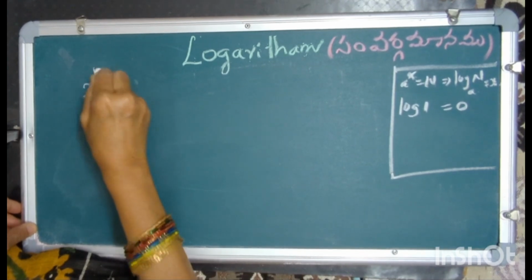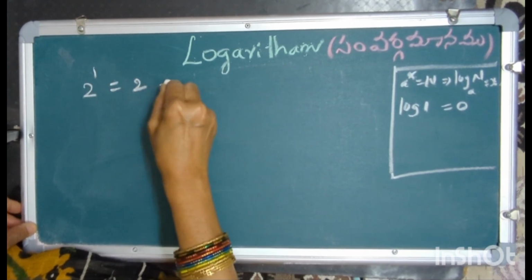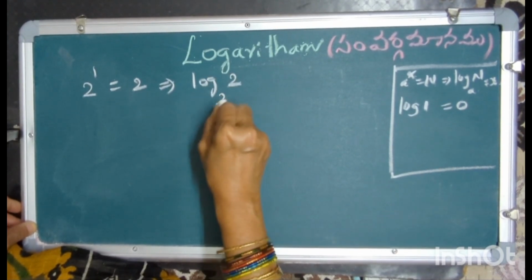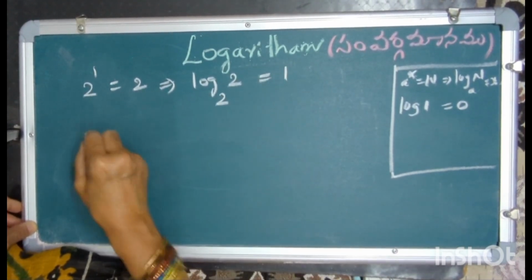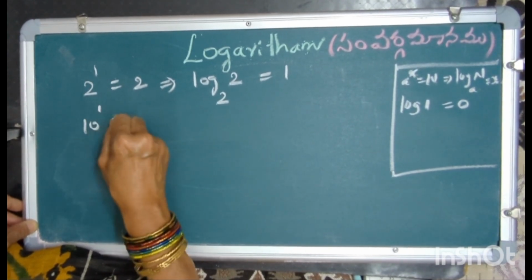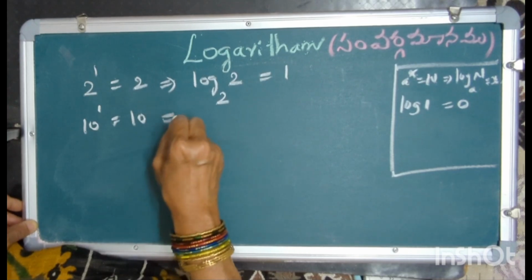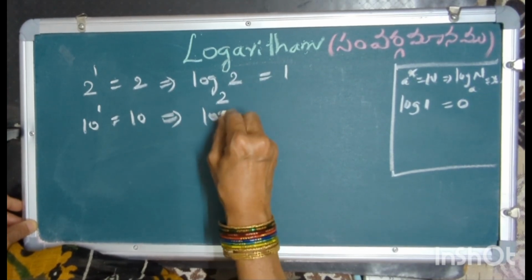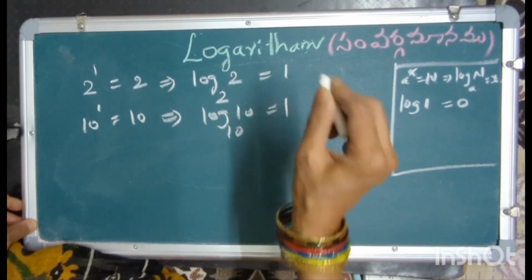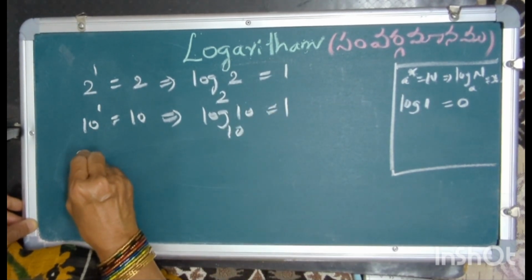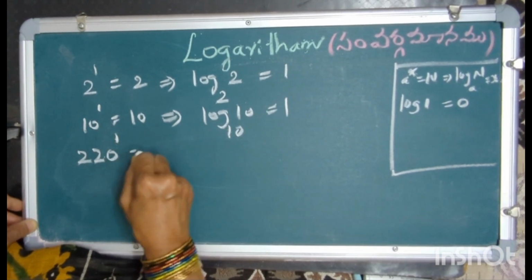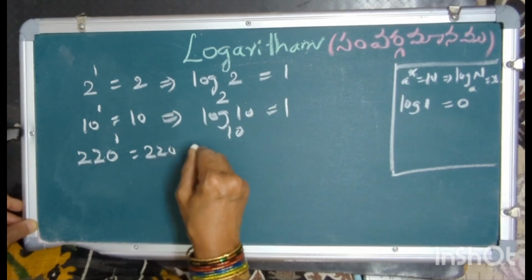Similarly, 2 to the power of 1 is equal to 2. So that implies log 2 base 2 is equal to 1. Similarly, 10 to the power of 1 is equal to 10. Implies log 10 base 10 is equal to 1. 220 to the power of 1 is equal to 220.